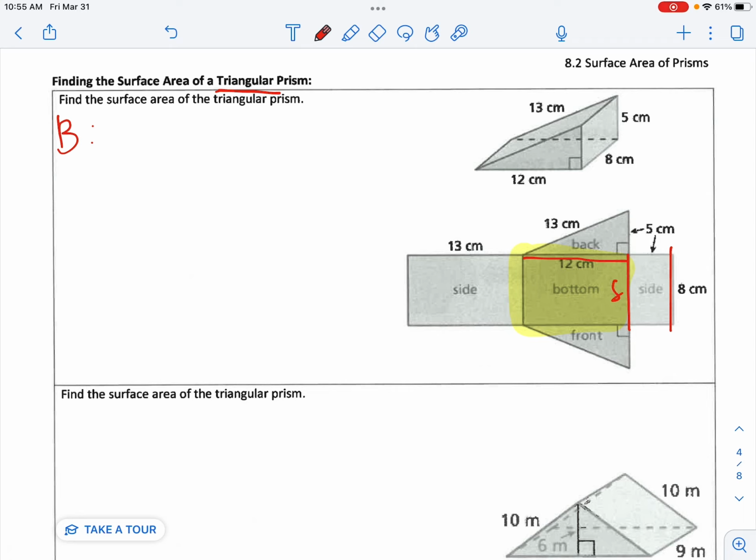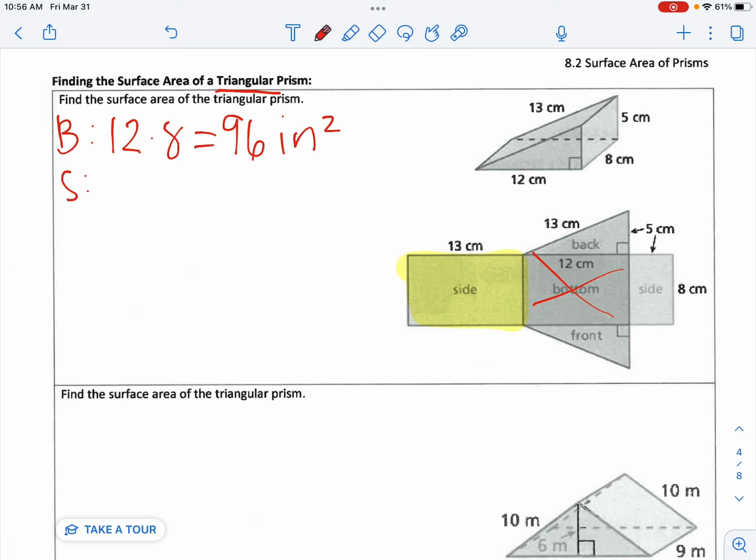Okay, so find the area of a rectangle. We would do 12 times 8, which is 96. Okay, we do not multiply by 2 because there's no other rectangle on there that's the same. So I'm done with the bottom. Next, I'll do one of the sides. There are 2 sides, but they're not the same.